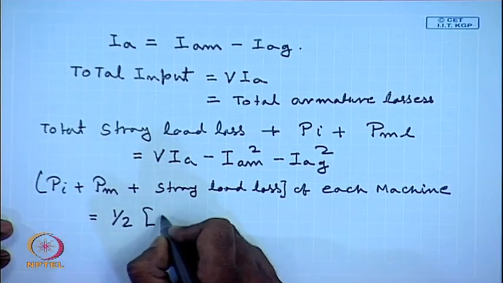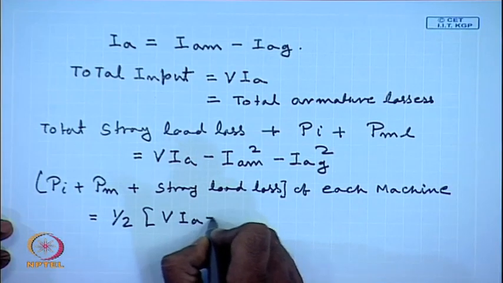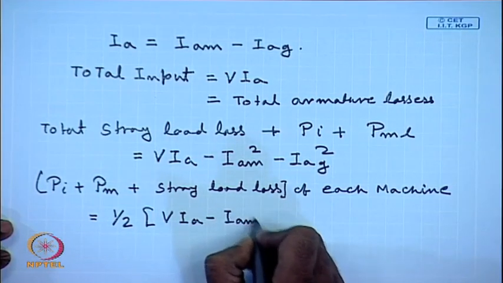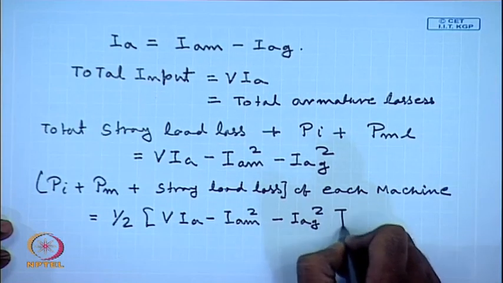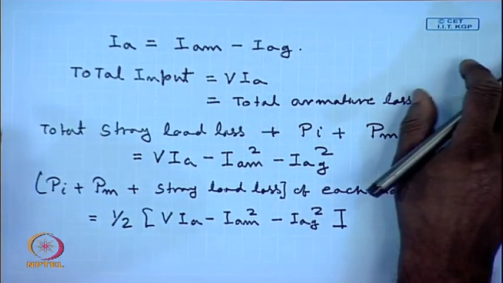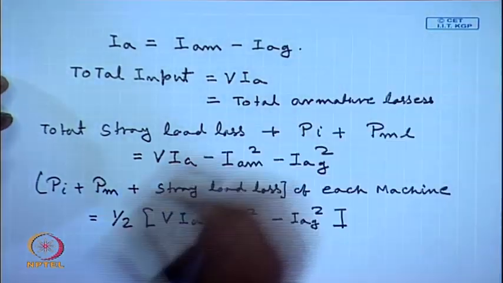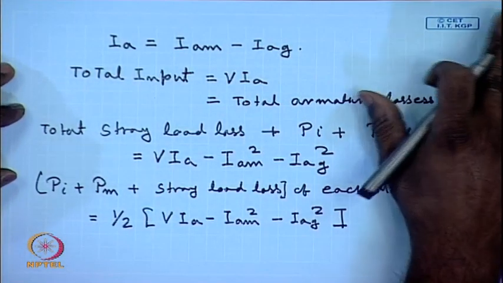Here we are making an assumption that the machines are identical. There is no way to accurately determine the division of these losses between the two machines.